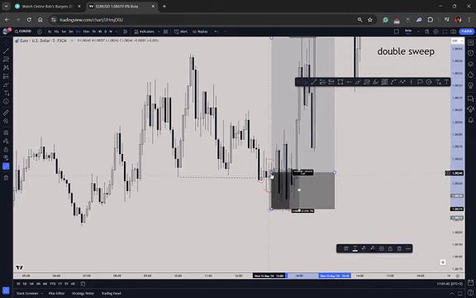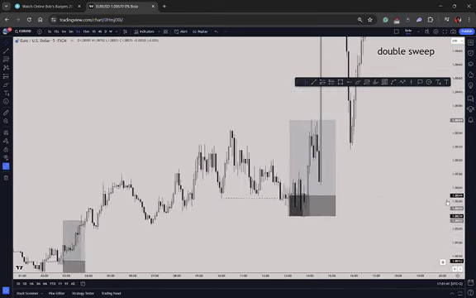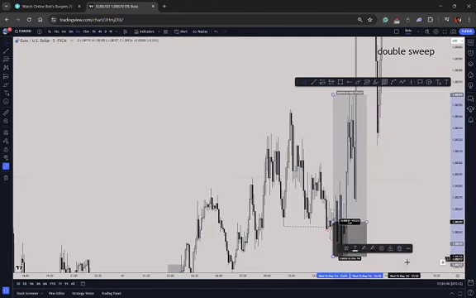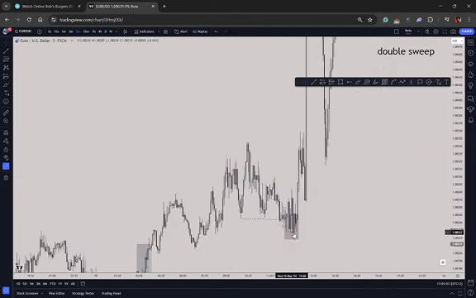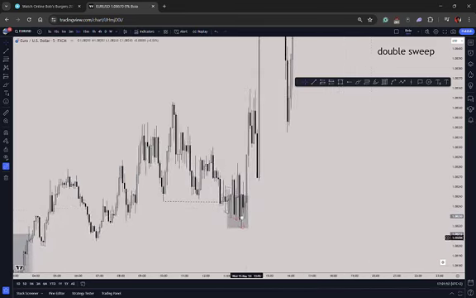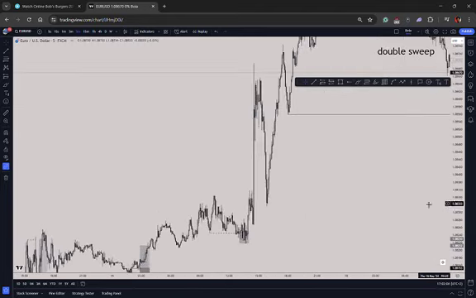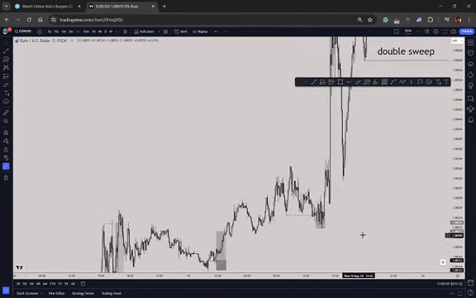But assuming I executed up here and used a 3 pip stop loss, I would have been taken out before price moves ahead. The reason for this was the news event that was about to happen minutes after taking the inducement liquidity. Price just needed to induce and liquidate more liquidity before moving away, as its intention for the news event would have been bullish. So that was why this occurred.